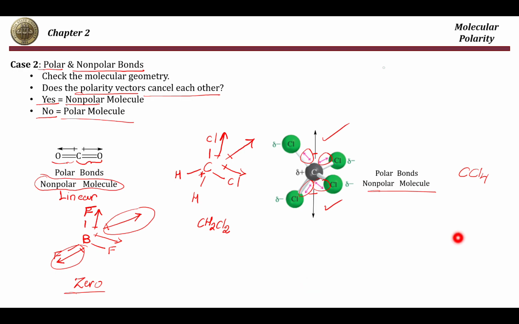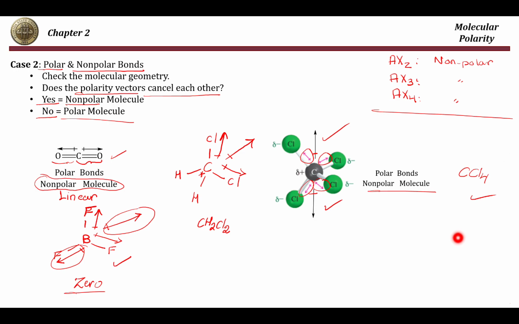And that's why if all the peripheral elements are the same, then we can say that AX2 molecules, such as in the case of CO2, or AX3 type molecules, such as in the case of BF3, or AX4 molecules, such as in the case of CCl4, are actually considered to be nonpolar molecules, because the polarity vectors in all these cases will cancel each other. But again, this holds only if all the peripheral atoms are the same.